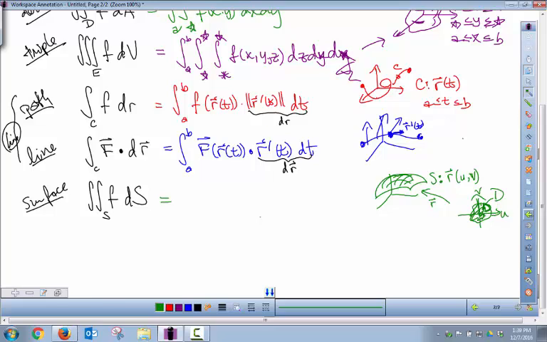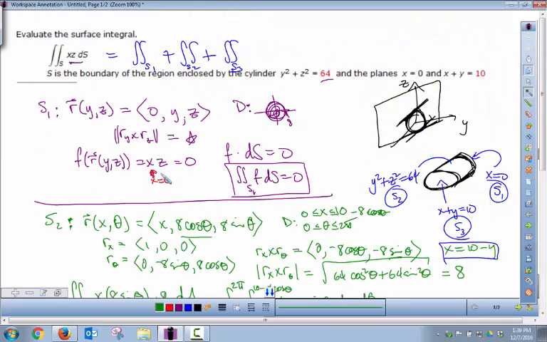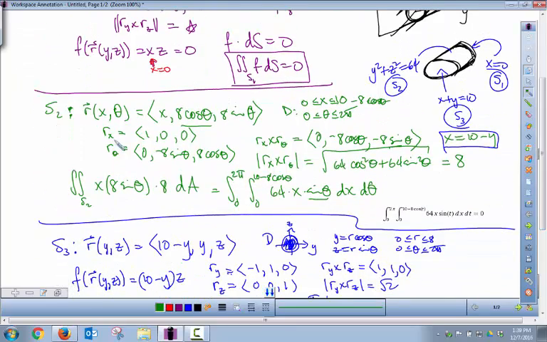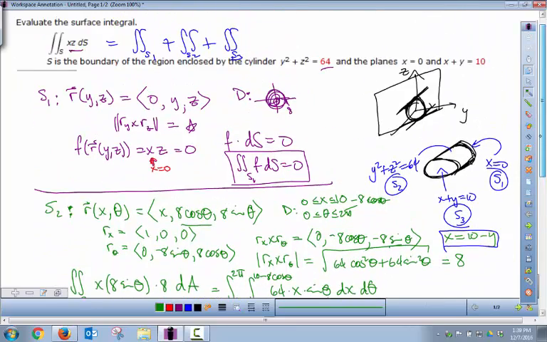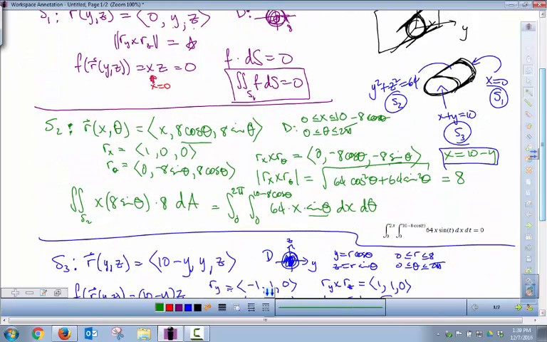So for this example over here, since this is y and z, this thing collapsed to the yz plane. And that kind of still makes sense. But now if you change the actual shape of it, this thing doesn't collapse.